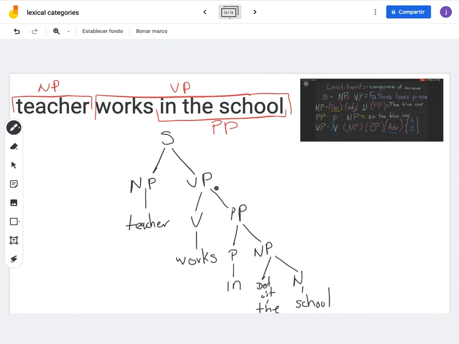The only difference between this sentence and the other is that we put this part. So this part is a prepositional phrase, and it contains a preposition and a noun phrase again. Okay, and the noun phrase contains a noun. Okay.